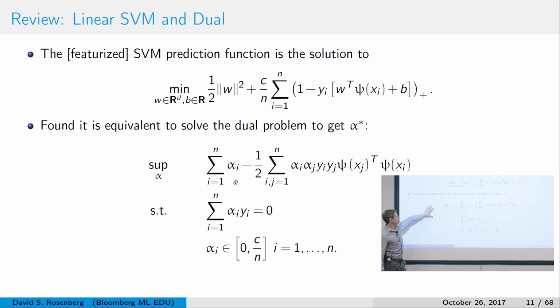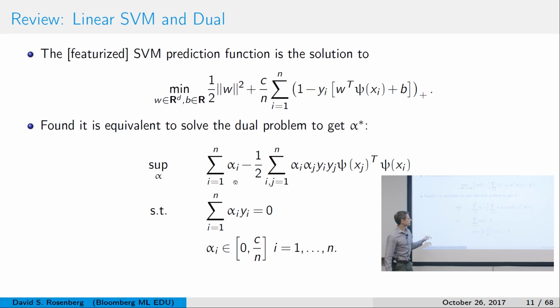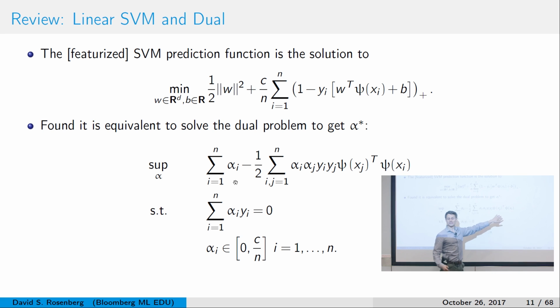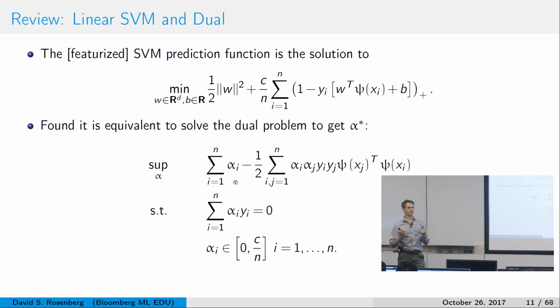When we looked at the form of this dual optimization problem, let's look for all the occurrences of the input vectors x. You'll find that x only shows up right here, and I've already wrapped them in feature mappings: psi of xj and psi of xi. You'll see that these featurized x's only show up in an inner product with each other.